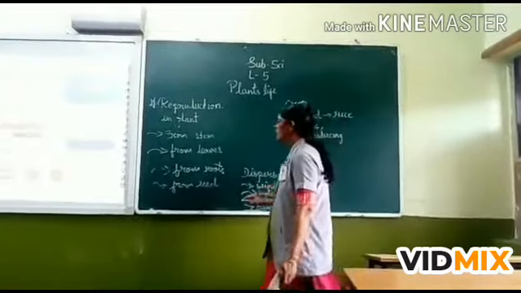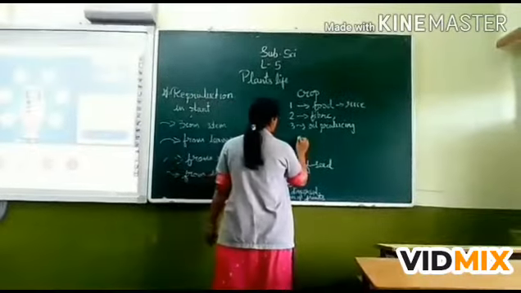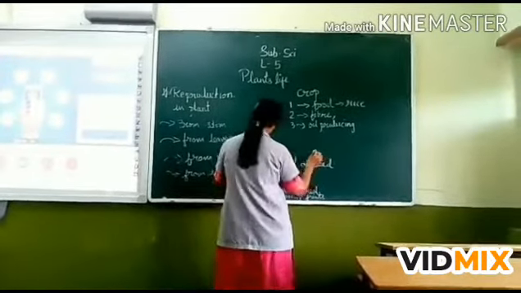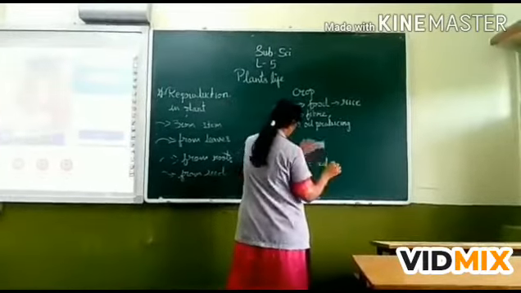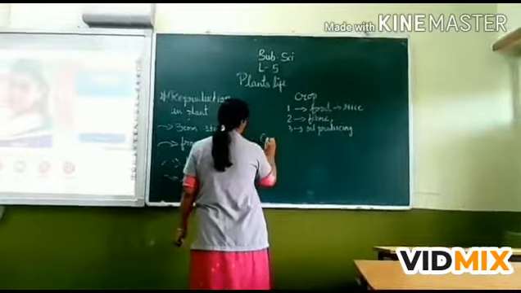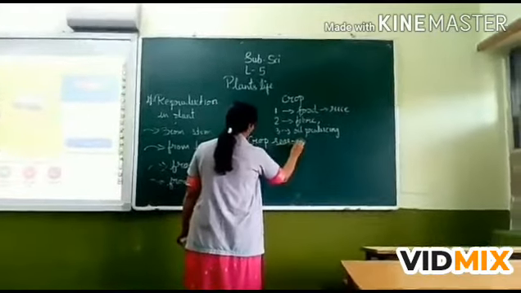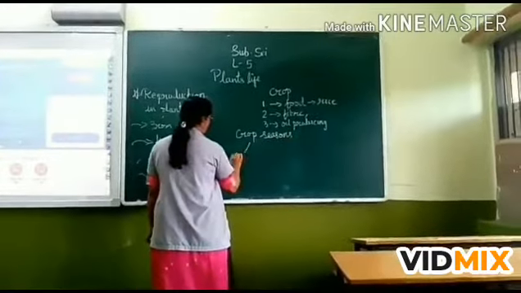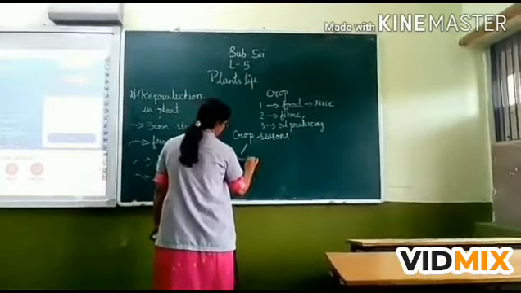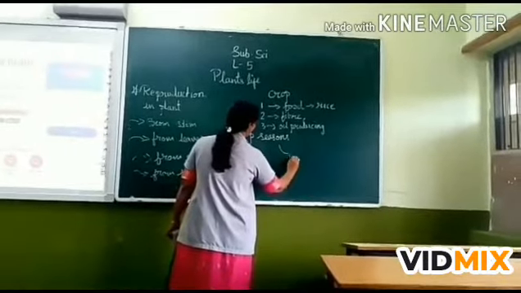In India, there are two main crop seasons. One is the summer crop season, and another is the winter crop season.